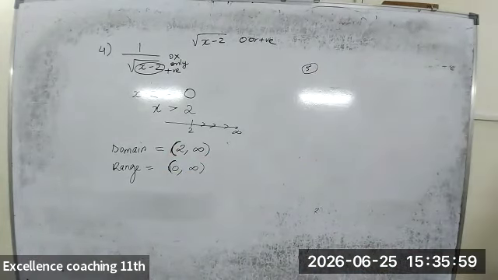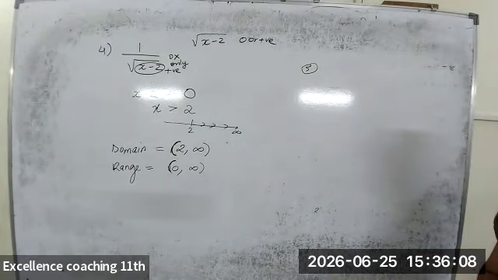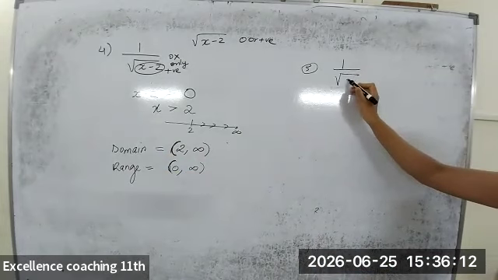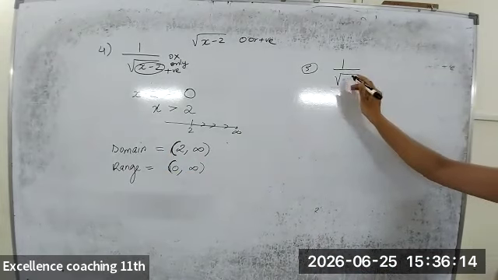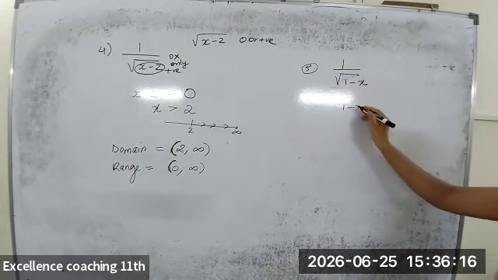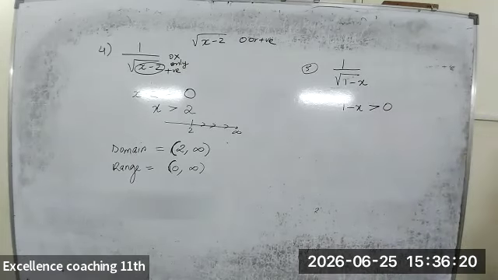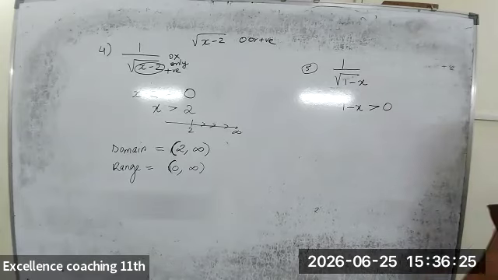Try the fifth one now, in a similar way. So 1 minus x will be greater than 0. Do not put equal to sign. That's it. So who is negative now? x is negative.